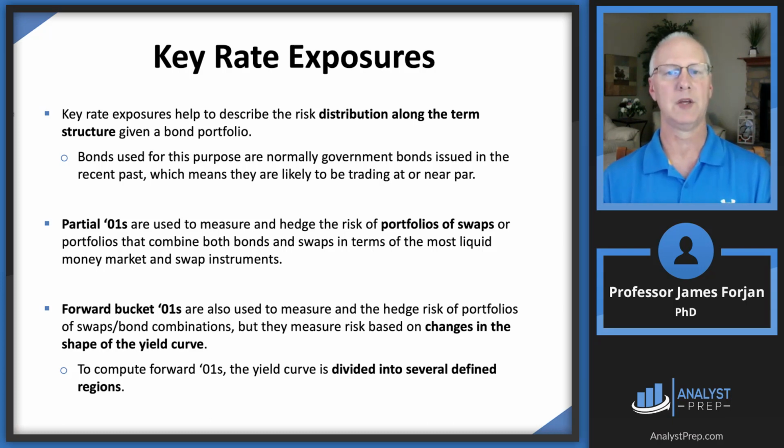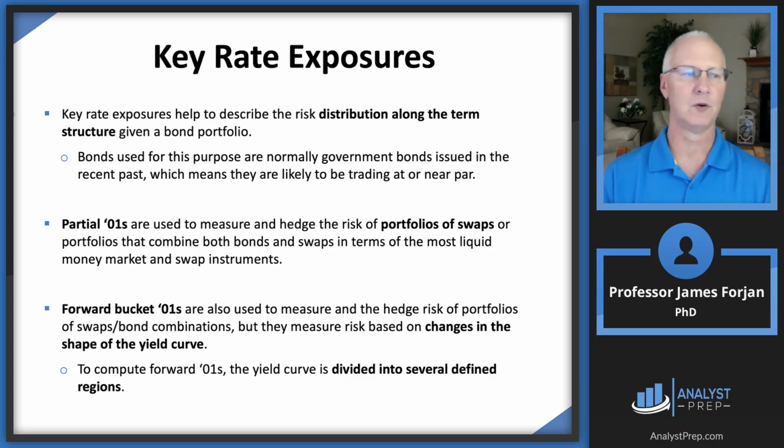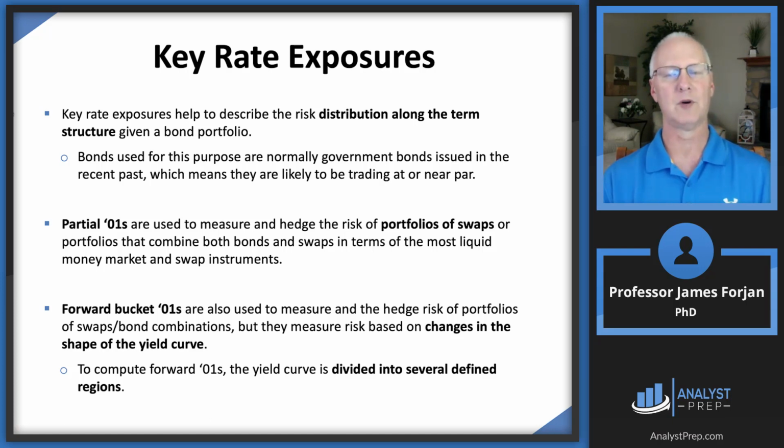Now, we're probably going to use government bonds, specifically U.S. government bonds, because they typically are issued pretty frequently, right? I mean, the total debt of the U.S. federal government now is way above $20 trillion. And so the government borrows multiple times a week. So there are tons and tons of these securities out there.